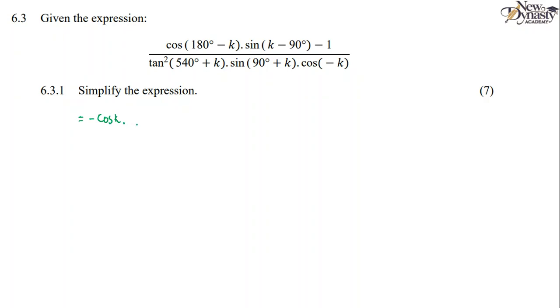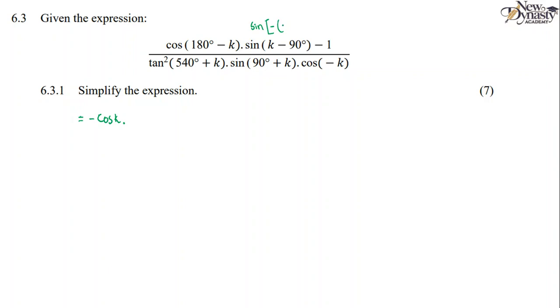So if you've got sine of (k minus 90), let me show you something. I don't know how you are taught in your different schools, but we use different methods here, as I've noticed. There are two methods that I normally use, but let me show you this one. If you've got sine of an angle minus the reduction, which is 90 here, you can rewrite this as sine, open the bracket and take a negative sign outside.